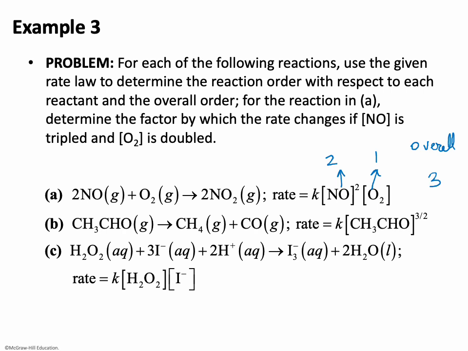For this reaction, because it tells you this is the rate law, it means with respect to CH3CHO, it is 3 by 2, and overall is also 3 by 2. You cannot make any changes to this. It is what the rate law tells you. For this part C, H2O2 is 1, I is 1, and overall it is 1 plus 1, which is 2.